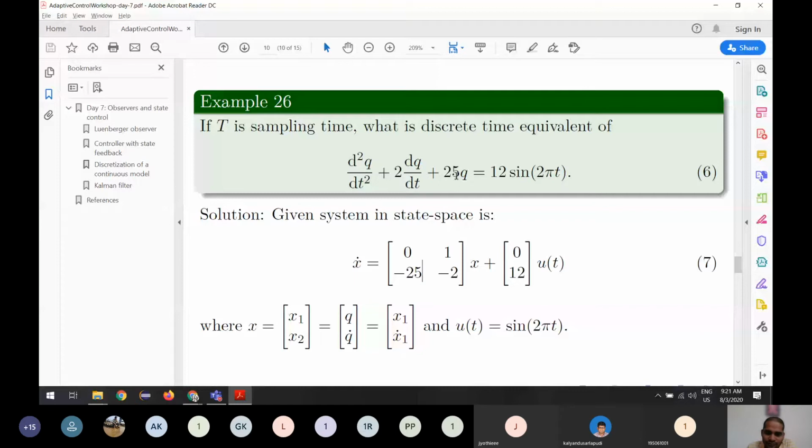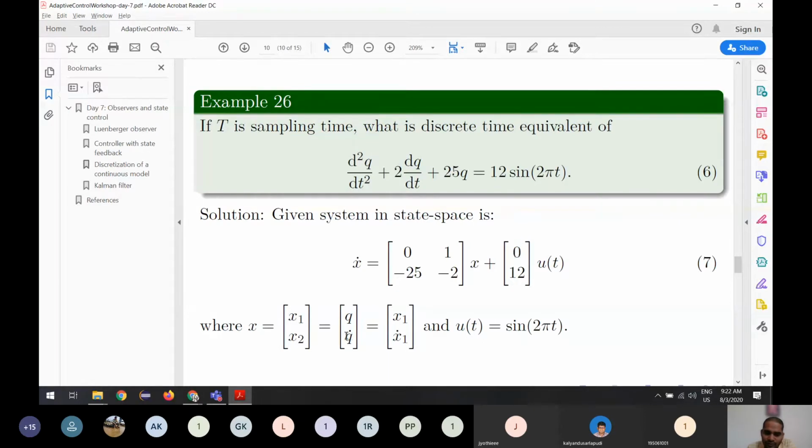Not just the q terms, we also have another term. This is the external input we are applying to this system, represented here as 0, 12, and u of t. We are saying u of t is sine theta. Why are we putting 0? Because this external force affects only the q double dot, not the q dot.